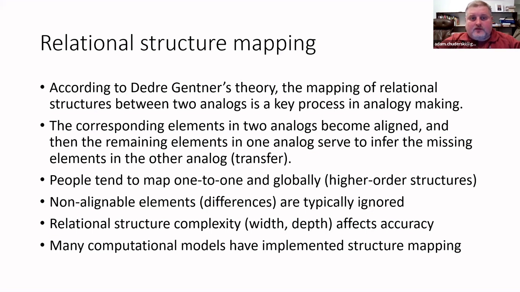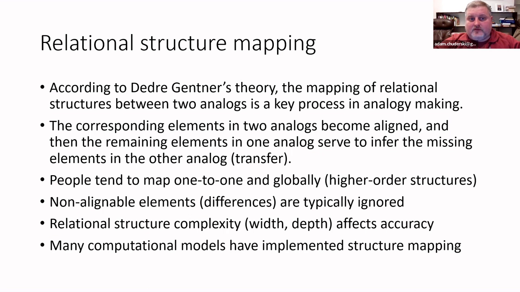Typically we have one analog that is more familiar. We have broader knowledge about it, and the other analog that is novel, less familiar. So we build a representation of relational structure in one of the analogs. It depends on the specific version of the model, but we try to find corresponding elements for each element of our relational structure.